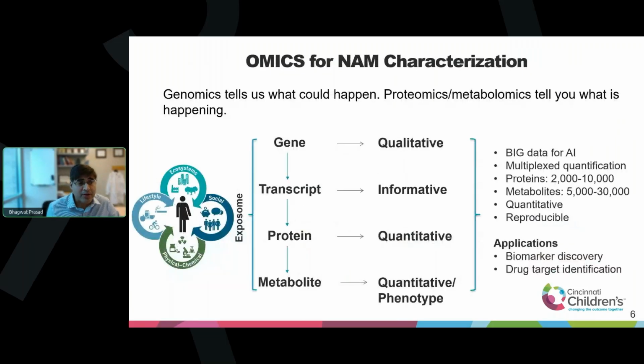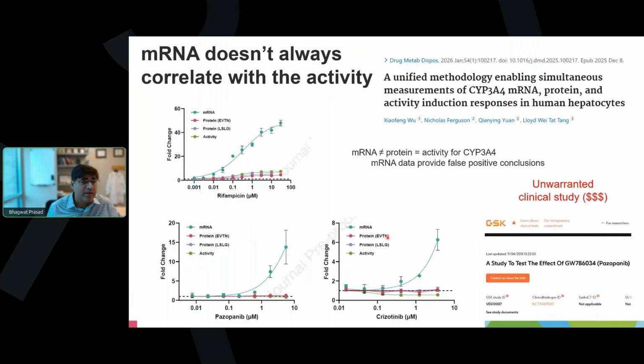So briefly about omics and NAM characterization. One can use all different kinds of omics tools, including transcriptomics, proteomics, metabolomics. We leverage quantitative proteomics because most of the time quantitative proteomics is basically telling you about the function. And in comparison with mRNA, for example, what I'm showing here is that mRNA does not mean protein.